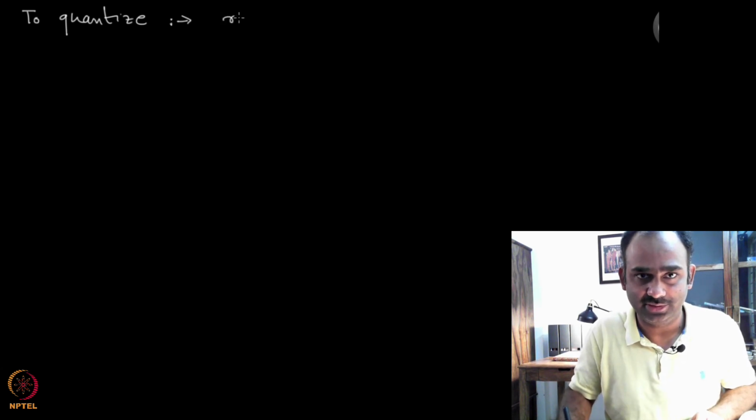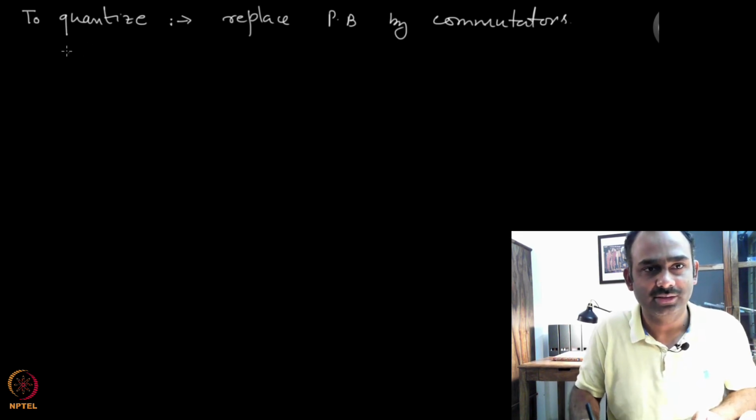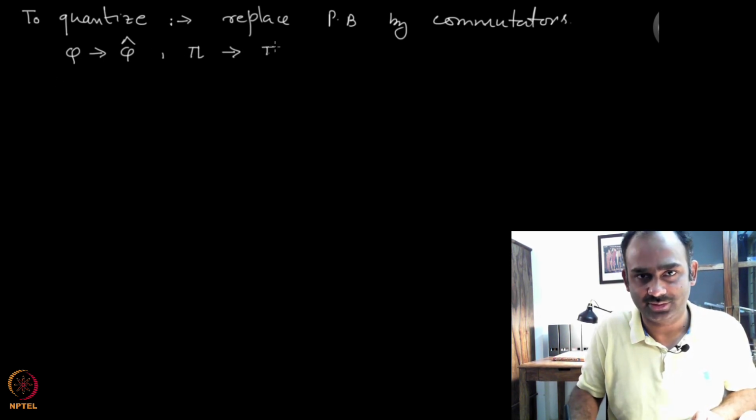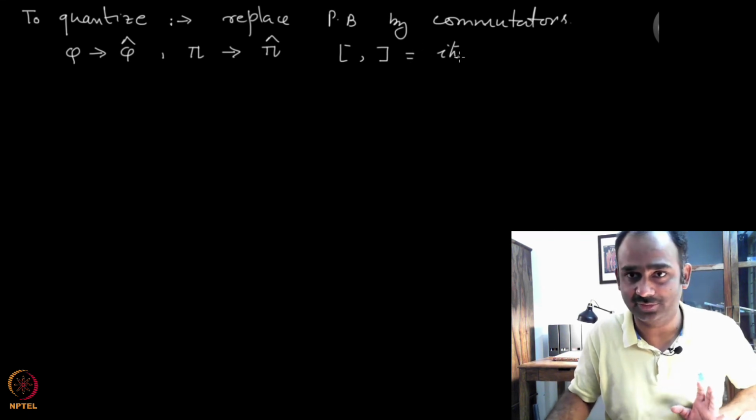I will replace the Poisson brackets by commutators. Let me use φ hat for the operator, π as π hat, and the commutator will be i ħ times the Poisson bracket.